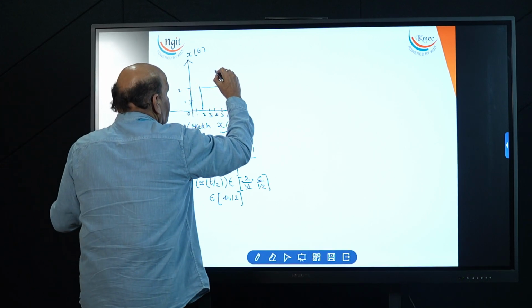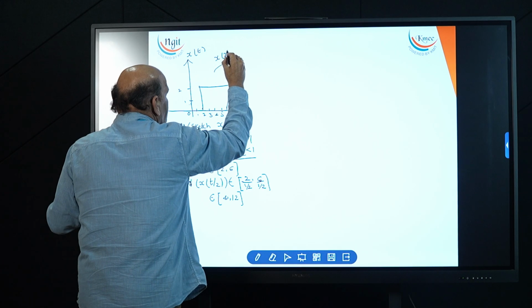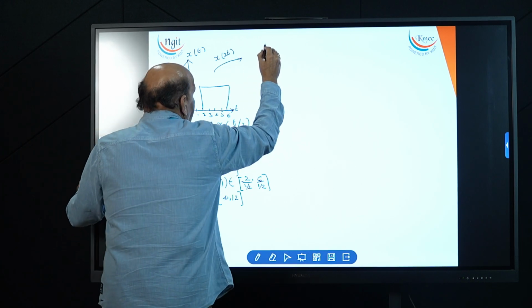From this, the graph of x of t by 2 will become like this.